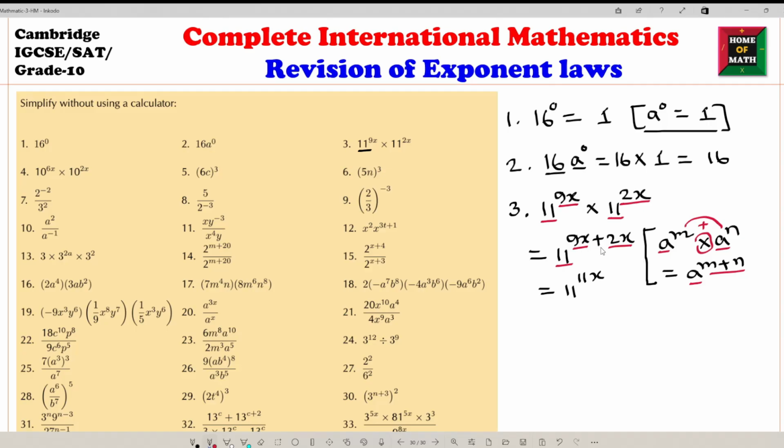In the product we will just add. We try to cover all the laws of exponent.